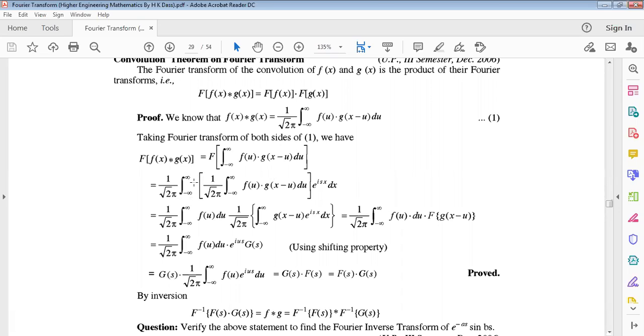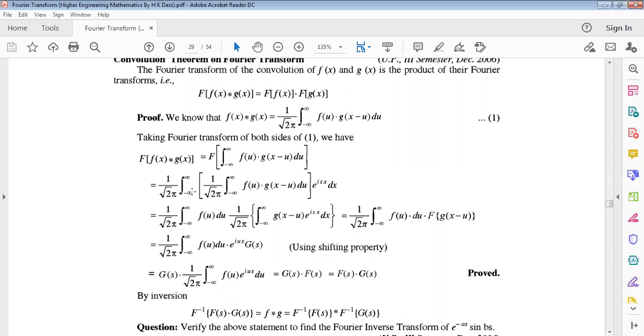Then in the bracket, this is the Fourier transform of what? This looks like f of x. So 1 by root over twice pi, integral from minus infinity to plus infinity of f of u z of x minus u du, then the exponential form of the Fourier transform, e to the power isx dx. Remember, this whole thing looks like f of x.